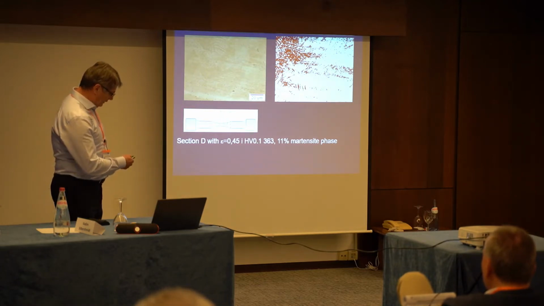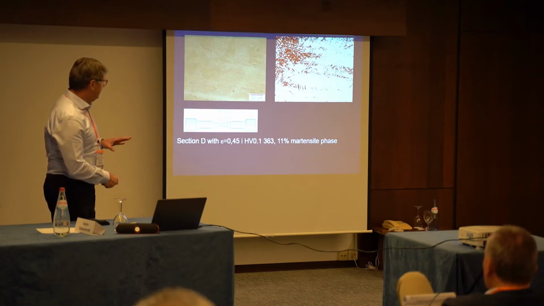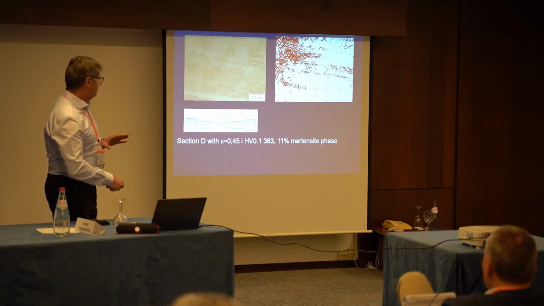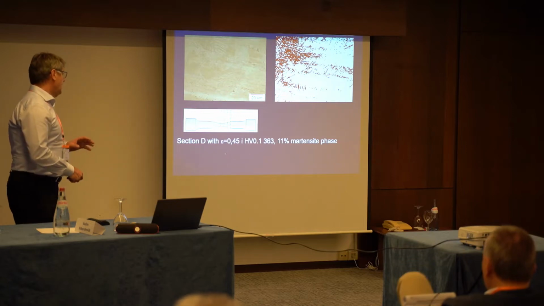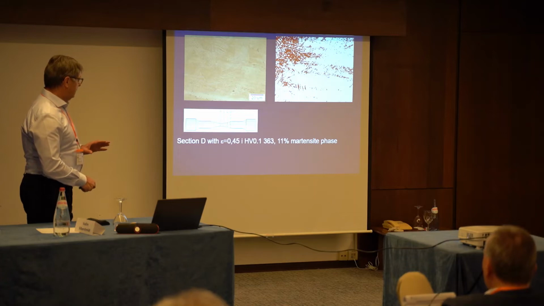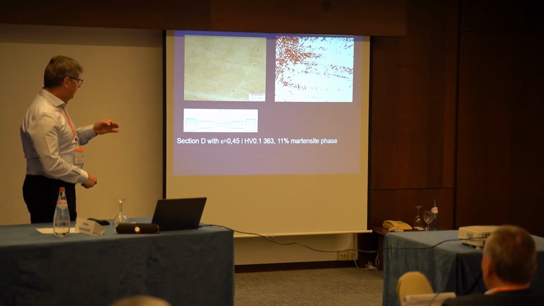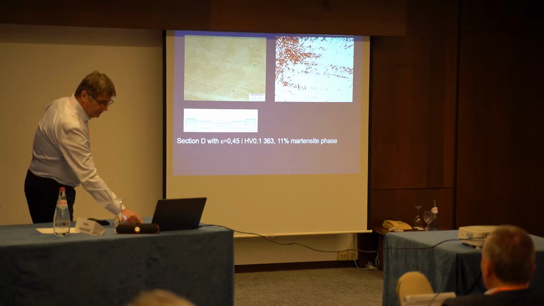This red, what you can see here, is actually already some martensite inside, and the computer calculates about 11% of martensite phase on the surface. We also measured the weakest hardness in HV 0.1. It was 363 for this deformation which you have. We actually calculate deformation with respect to the change of the diameter of the specimen.